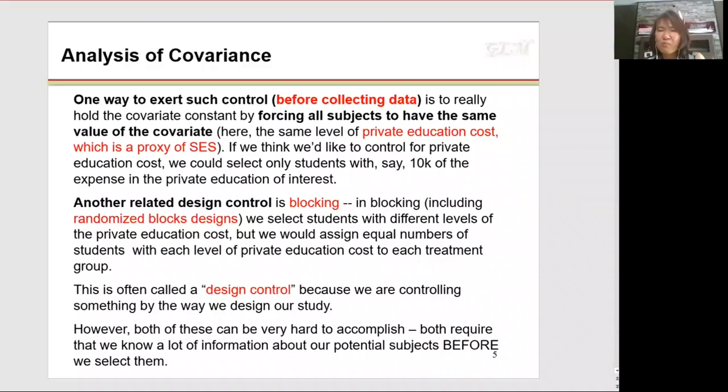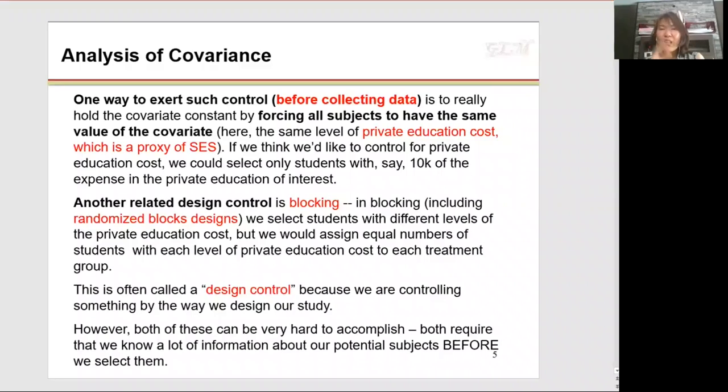But what I'm trying to say is, if you have just collected data, what you're going to do is statistical control. Find theories supporting your model, and include all the important X variables on the Y outcome. You shouldn't include irrelevant X variables in your model. That is model specification.